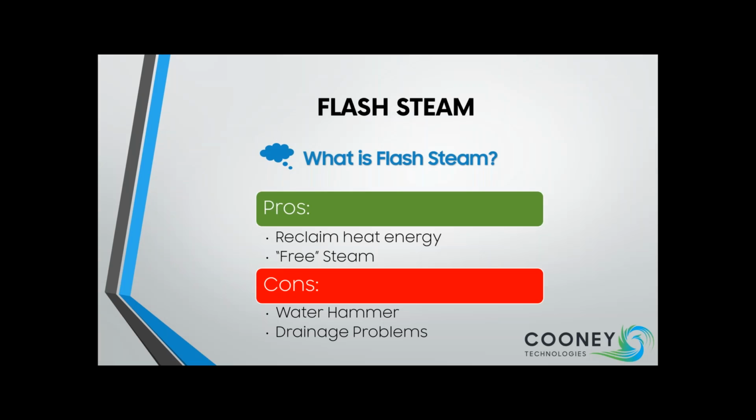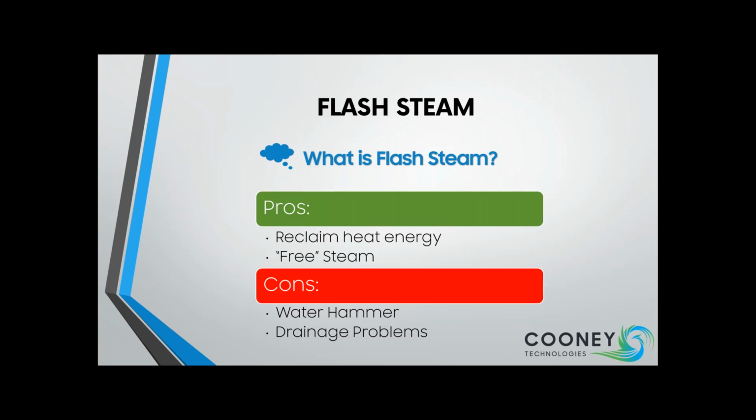Okay, flash steam can be good or bad in a steam system. It results from very high temperature condensate moving suddenly from a higher pressure to a lower pressure. The heat energy in that high temperature condensate under pressure flashes back to steam when it enters an area of lower atmospheric pressure.